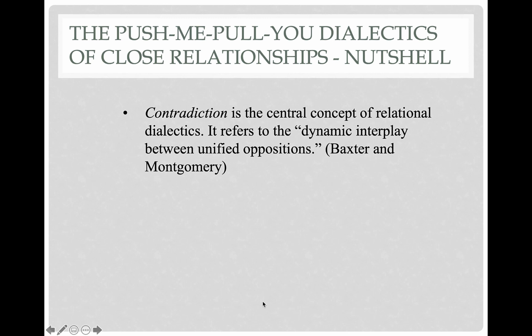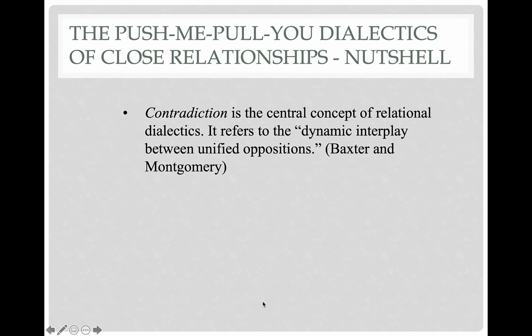So with the independence, interdependence, or connectedness, separateness dialectic, you have both of those inside of you at the same time, and it's that interplay between those that they call unified oppositions. They're unified in the sense that they're both about the same thing, connection. But sometimes you want more and sometimes you want less, and you're constantly negotiating that. So contradiction is a key concept in this theory.